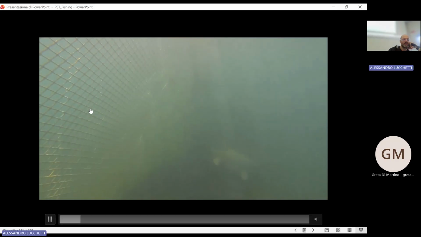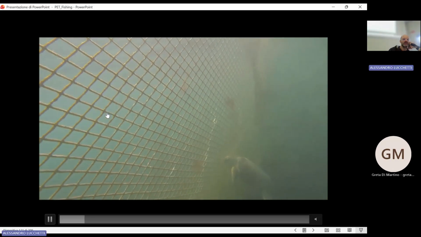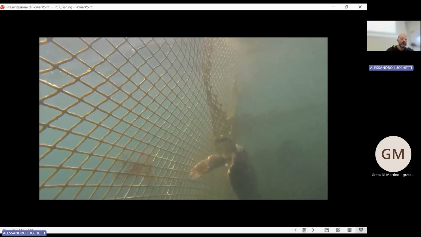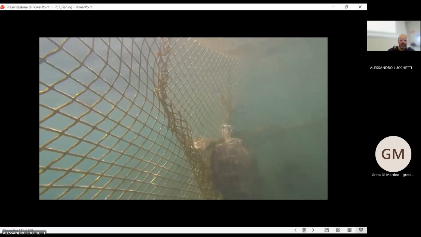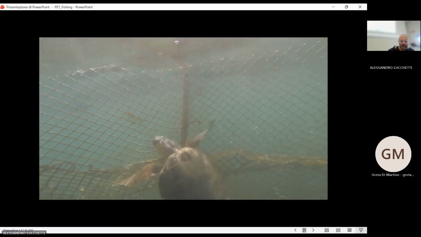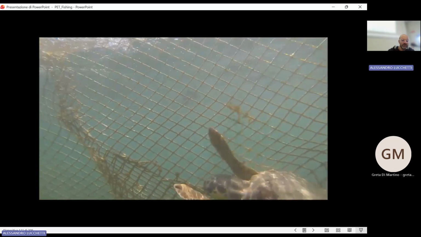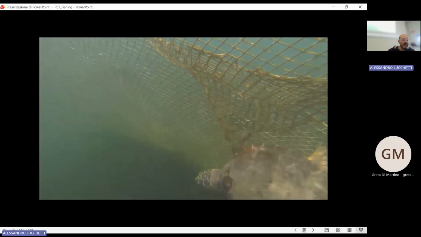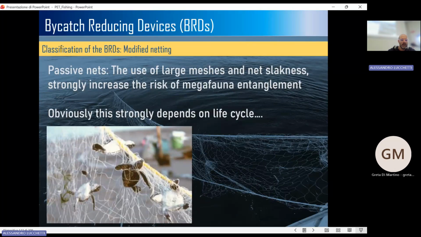Again, this is not a fishing net, but a kind of swimming pool that we use for turtles before releasing them. But if you see, they didn't entangle in the meshes. Again, the use of small meshes close to the nesting beaches is a problem.